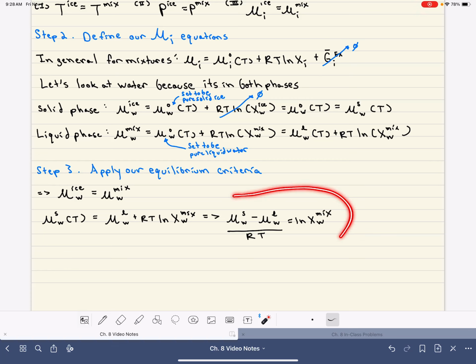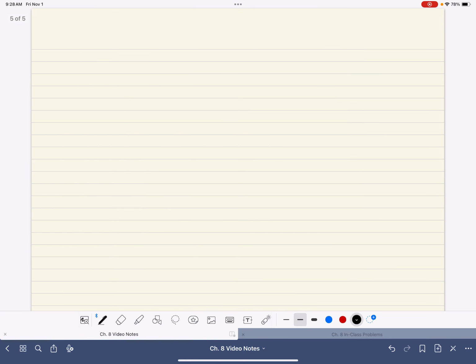Now that we have this relationship between the chemical potentials and the composition, in order to actually relate this back to temperature, what we're going to do is apply the calculus of thermodynamics to this expression. So step 4, apply calculus of thermodynamics.